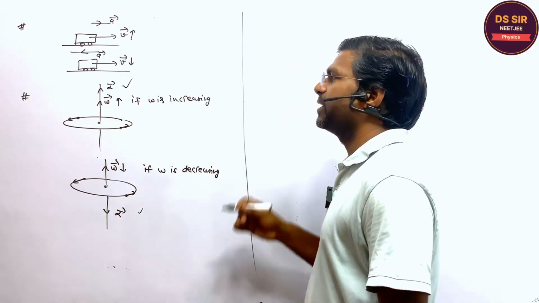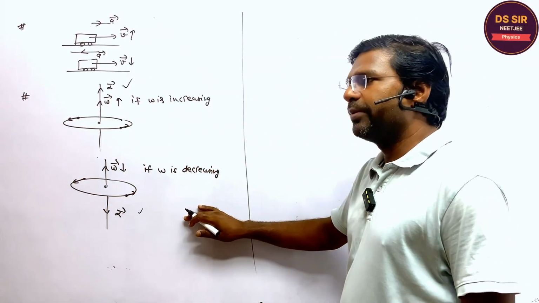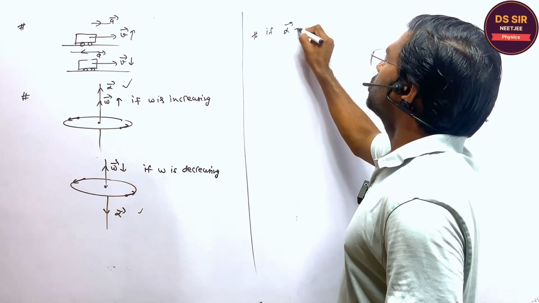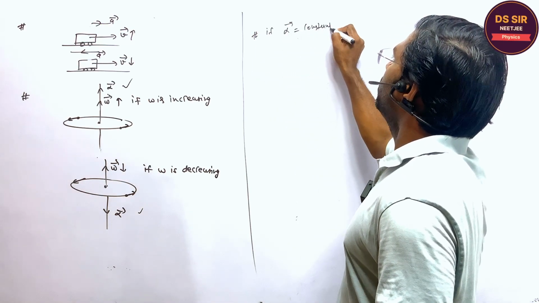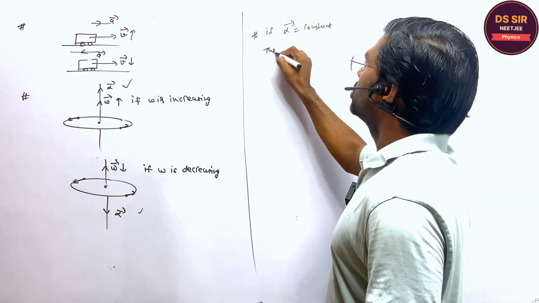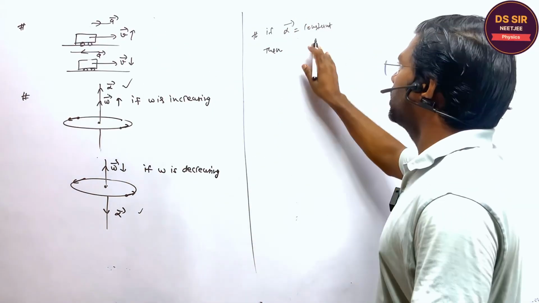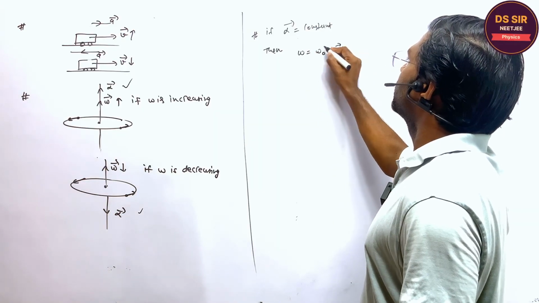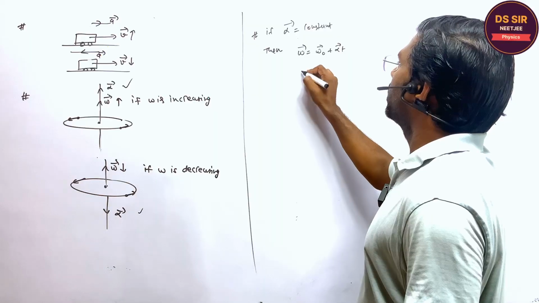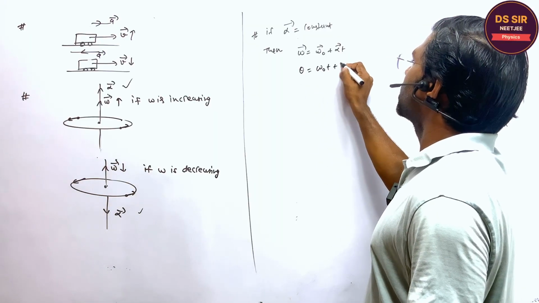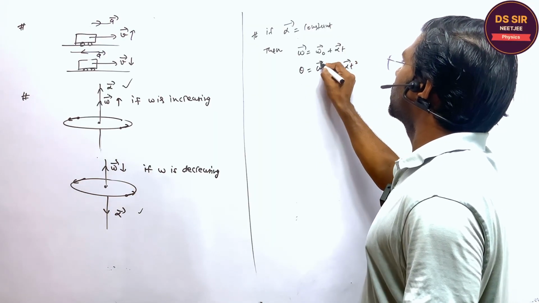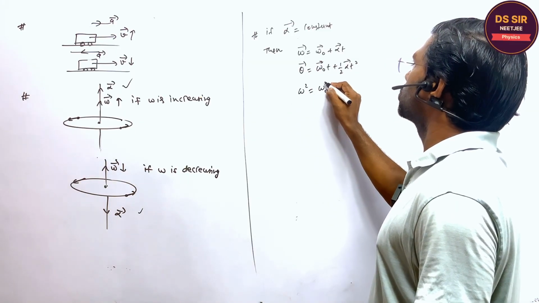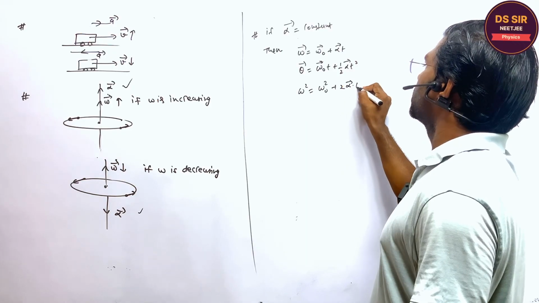Calculation-wise, it is similar to the kinematics we have done with constant acceleration. If alpha is constant, meaning the magnitude is not changing, then similar to the three equations of motion, we can use omega equals omega naught plus alpha t, theta equals omega naught t plus half alpha t square, and omega square equals omega naught square plus 2 alpha dot theta.